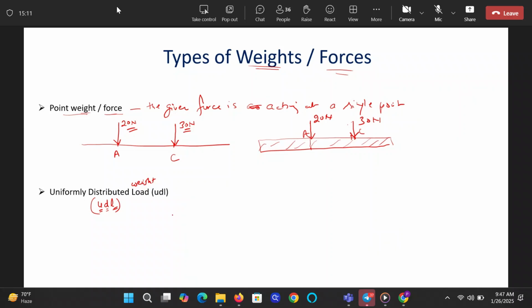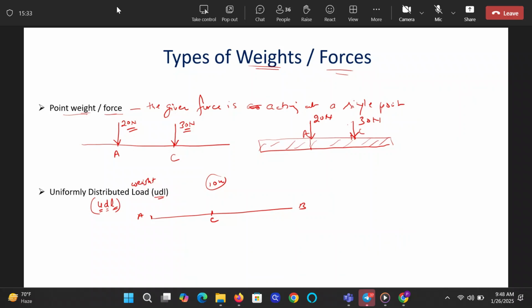Let us say we have this light beam AB of 10 meters length. Suppose from end A to 4 meters of length, say up to here, the beam carries a UDL of, let us say, 100 newtons.